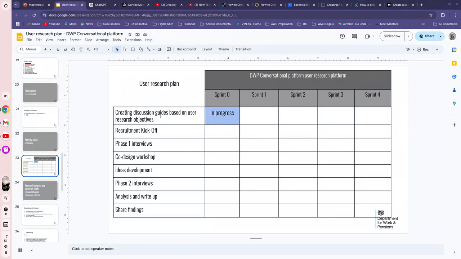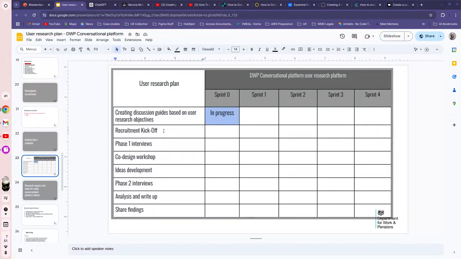We have to create discussion guides based on user research objectives. After we create the discussion guide, we have to kick off recruitment. The part that takes most time in research is participant recruitment. Finding people to participate in research is always the most difficult part, right?